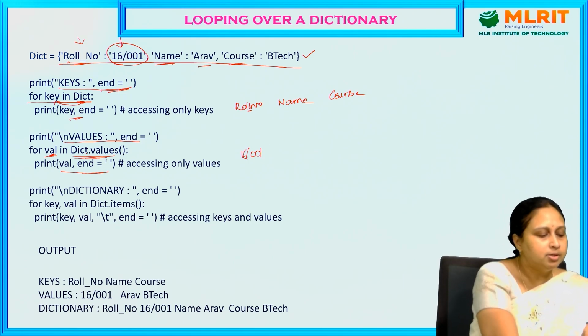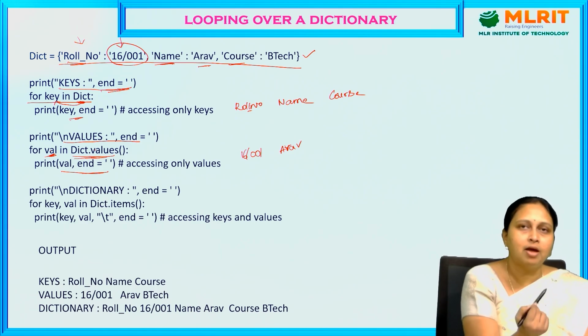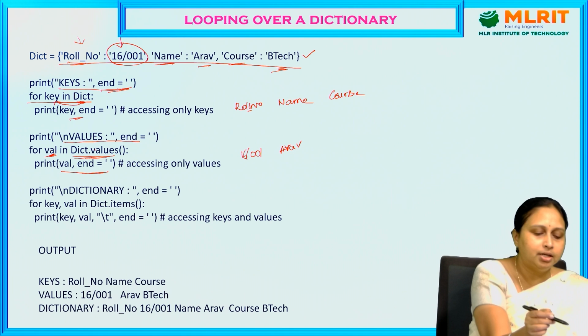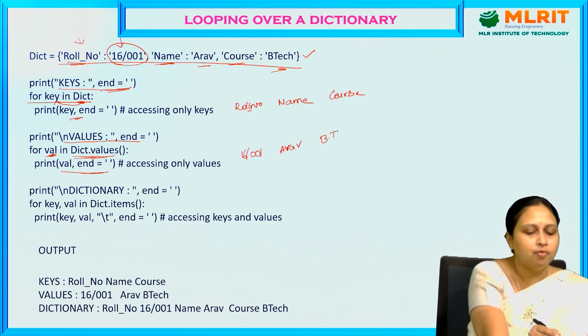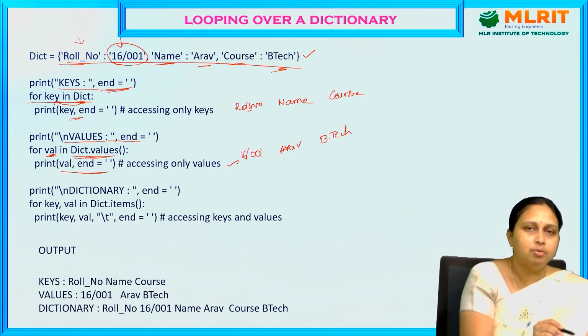That will be stored in val, so it is going to print error. It still checks for any other values. Yes, we have one more value, that is BTech. That will be assigned to val and displayed. Like this, the values will be accessed.